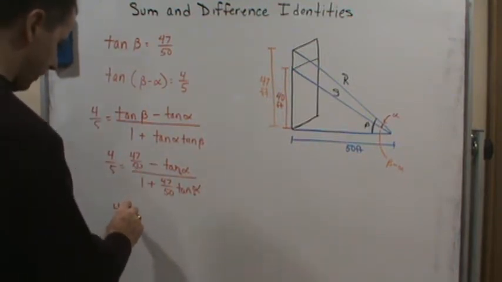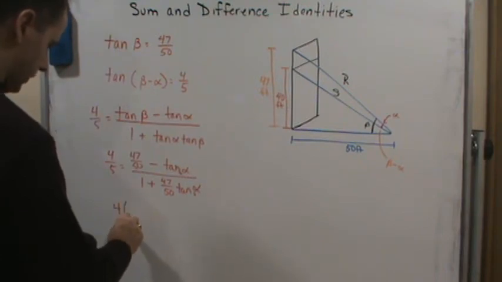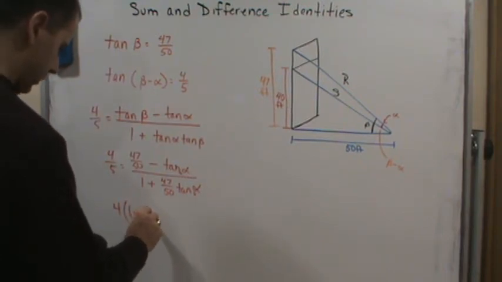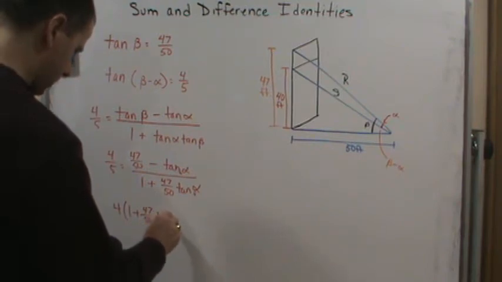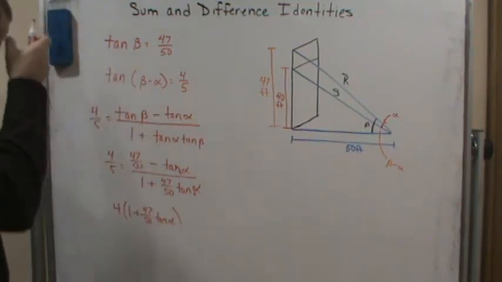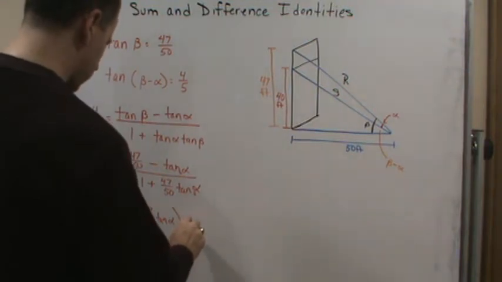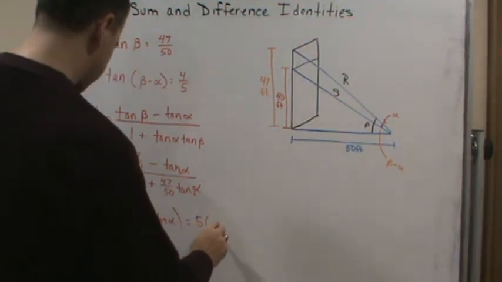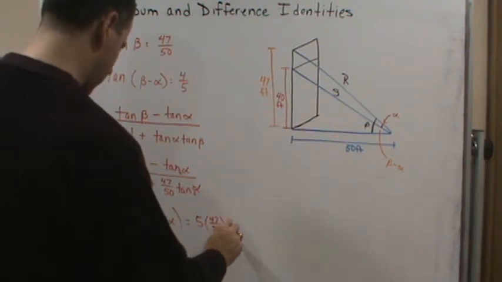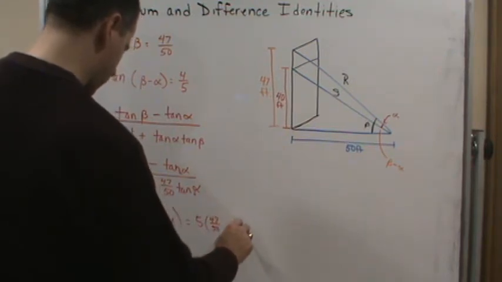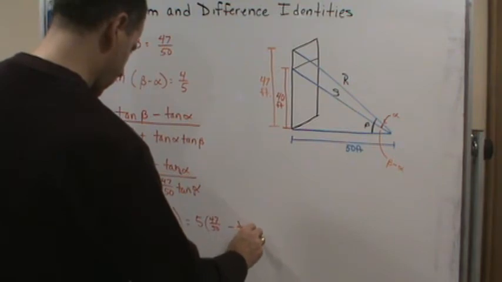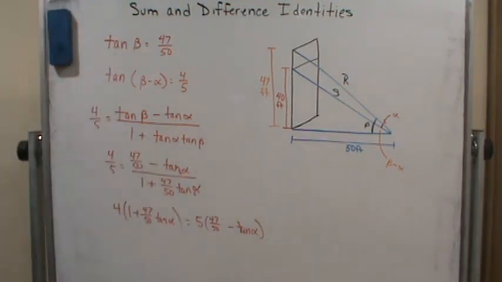So I'm going to get 4 times 1 plus 47/50 tangent alpha is equal to 5 times 47/50 minus tangent alpha.